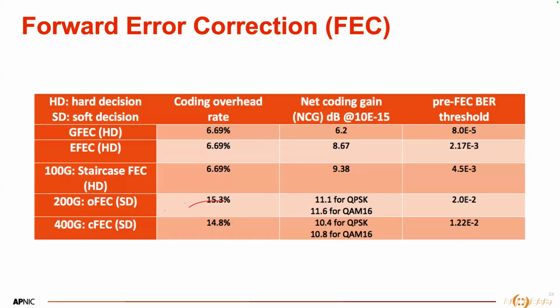Those cards have FEC facilities, and in this way you will understand how efficient their FEC will be when you run the network. So that is what FEC is all about.